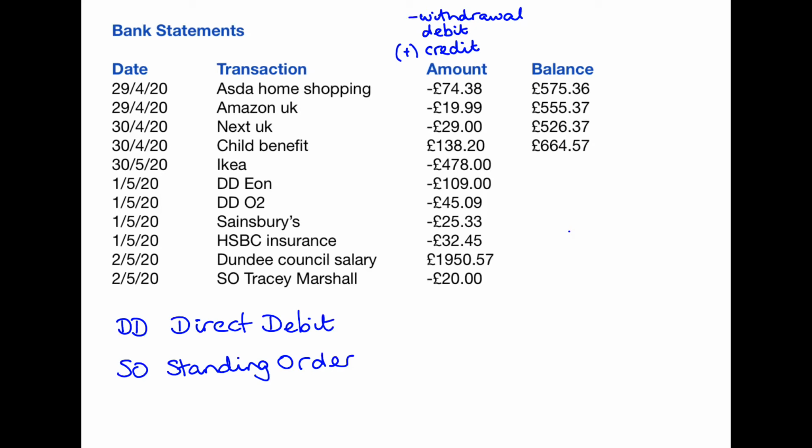It might be that you pay your children so much a month, and it just goes directly into their bank account. It could be a friend that you pay money to, maybe if you're saving up together for a holiday or something like that. But like I say, a standing order is something you're in control of. The direct debit, the company controls it. The standing order, you are in control.